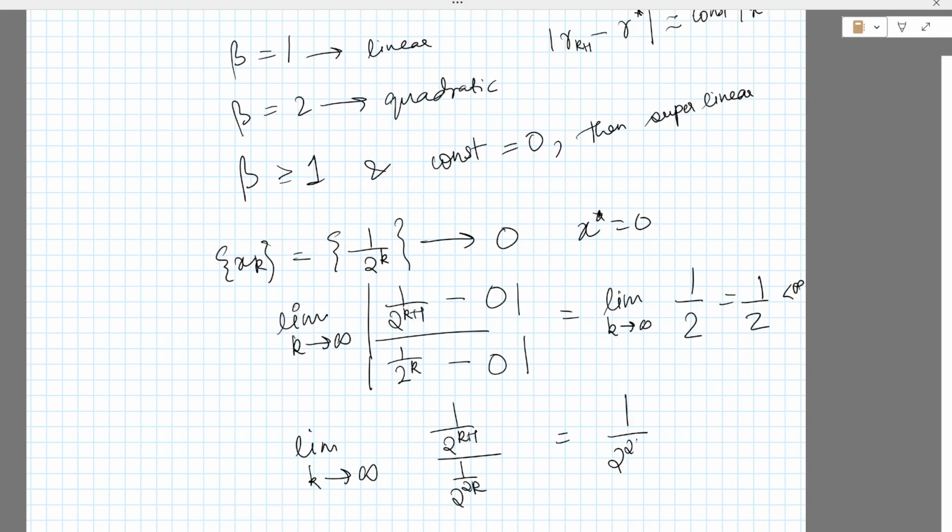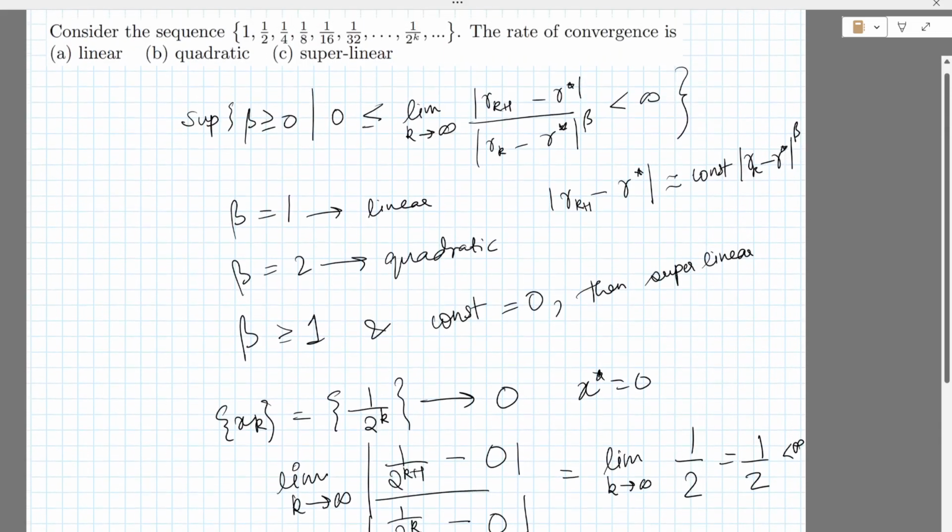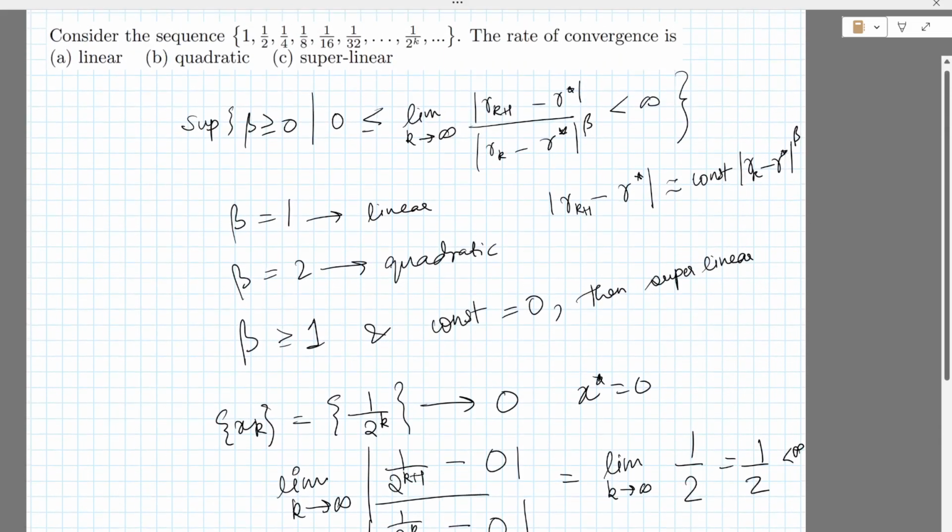So it will be infinite. So this will be infinity. So it is not quadratic. So we can say it is linear.